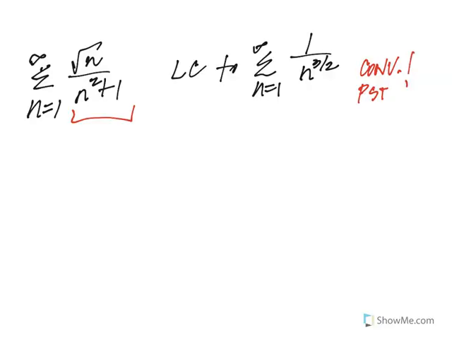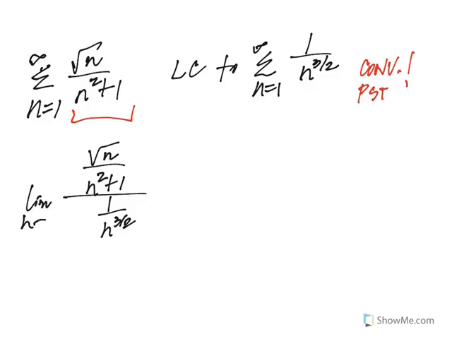Then using the limit comparison test, I want to take the square root of n all over n squared plus 1, and put that over 1 over n to the 3 halves. I want to take the limit as n goes to infinity. I copy dot flop. That's going to give me n squared all over n squared plus 1. Taking the limit of that, using L'Hopital's rule, that gives me 1.